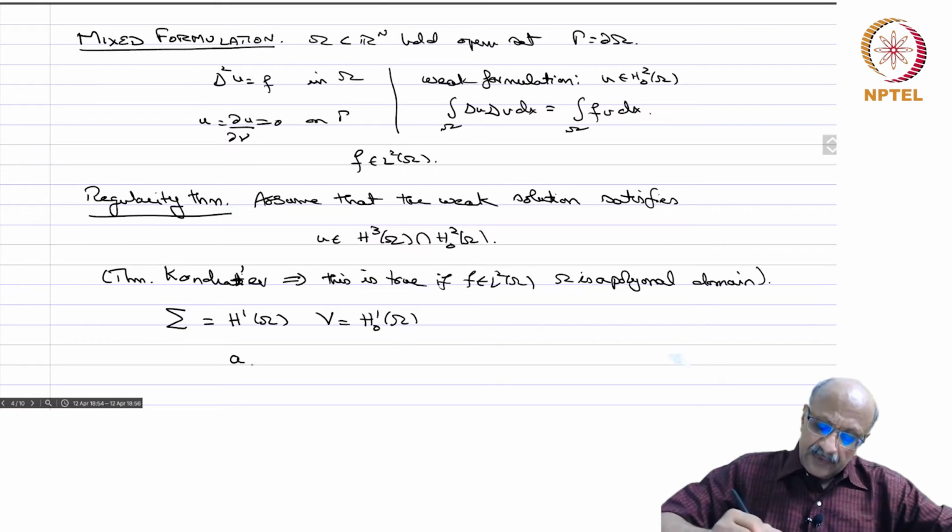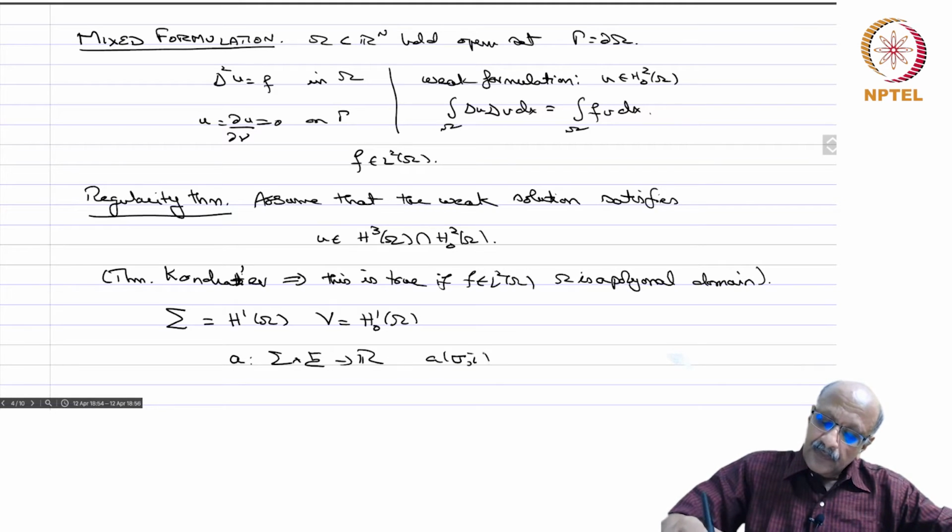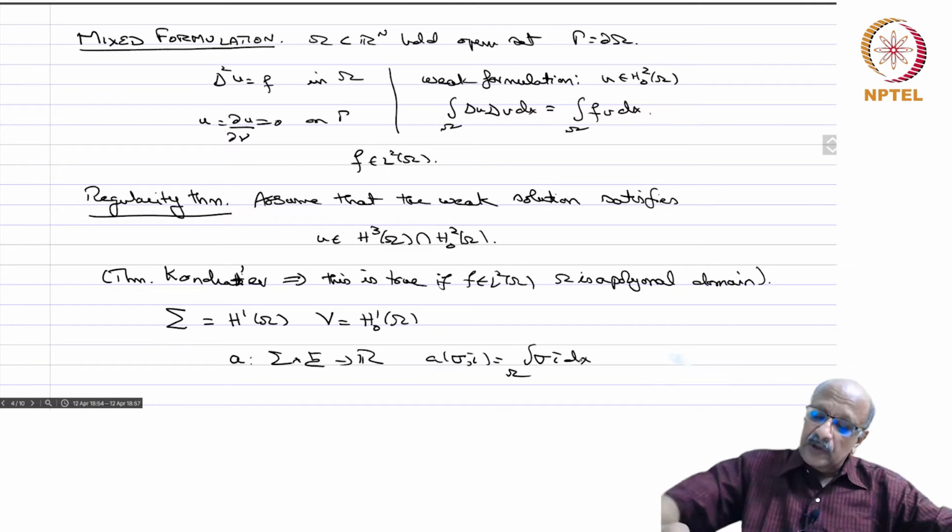and we have A from sigma cross sigma to R. So A of sigma tau equals integral sigma tau dx, just the L2 inner product for all sigma, tau in sigma.